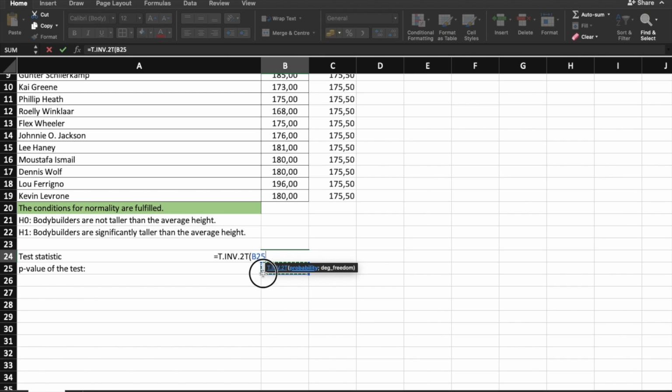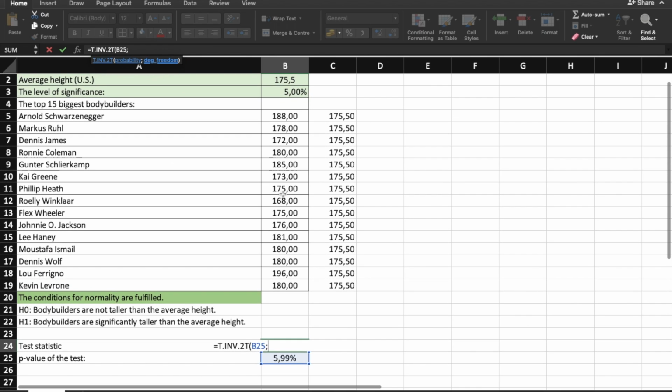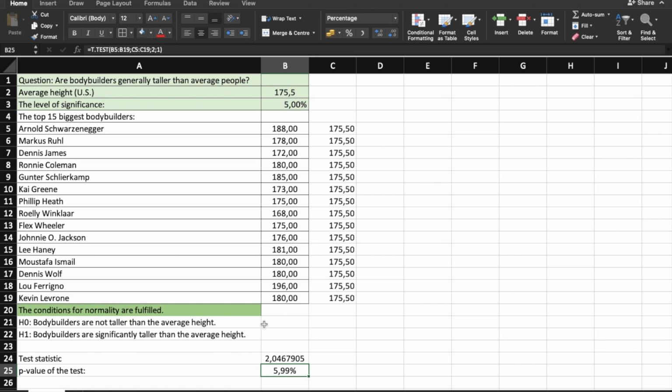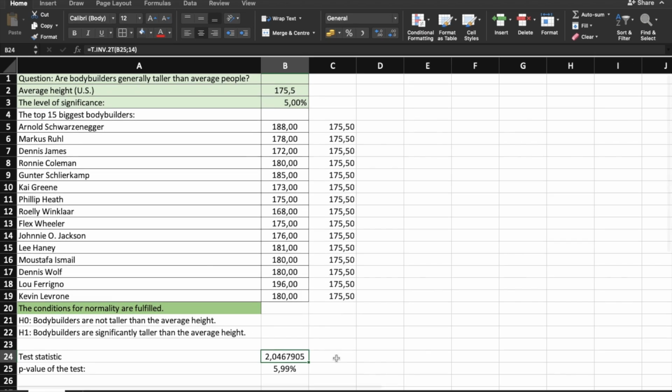The probability is what I have here, and the degree of freedom in the one sample t-test always equals the data count minus 1. So in this case it's 15 minus 1, so it's 14. And by closing the brackets, I finish the function, I hit enter, and I've got a test statistic too.